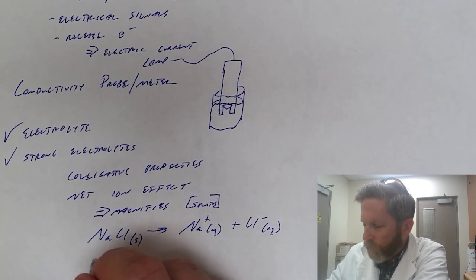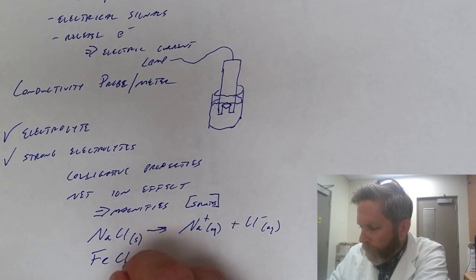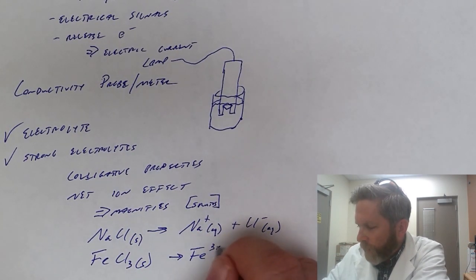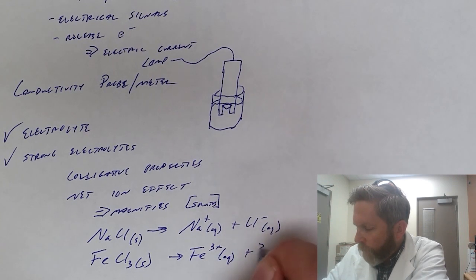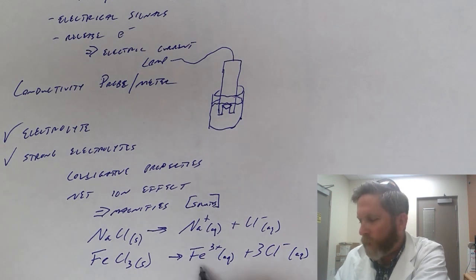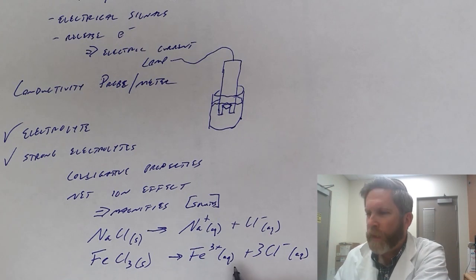Similarly, for example, iron chloride gives us 1 mole of iron ions and 3 moles of chloride ions. Okay, so 1 mole of solute gives us a net ion effect of 4 moles of ions in the solution.